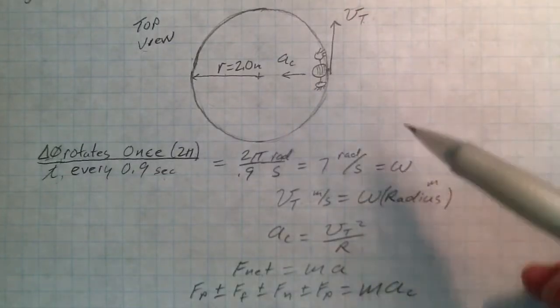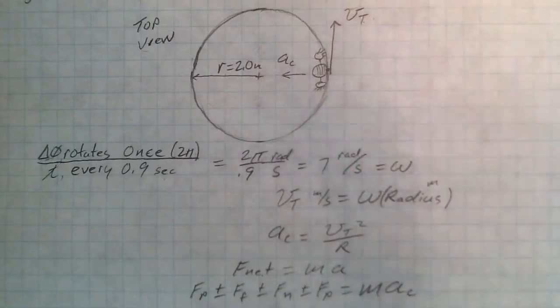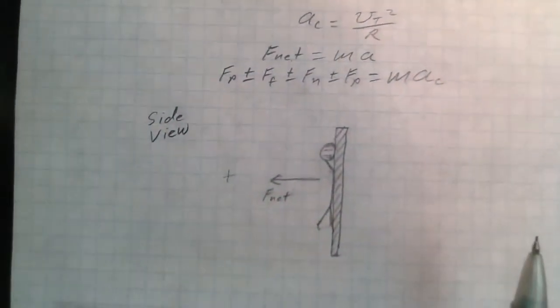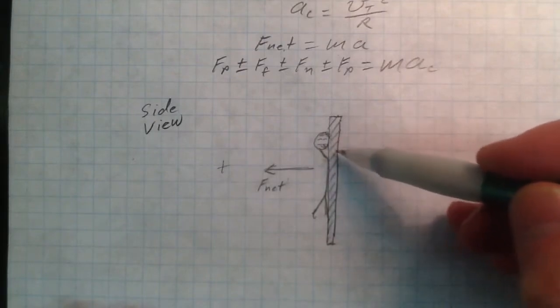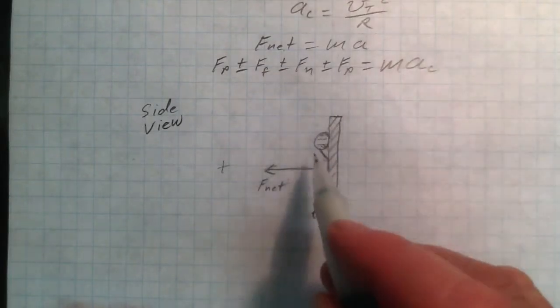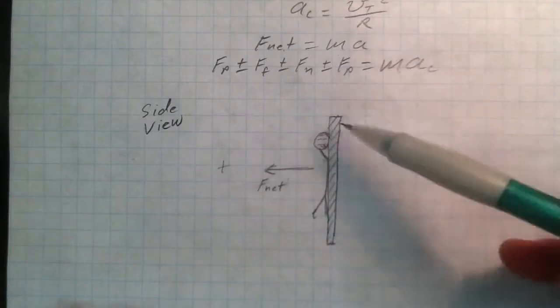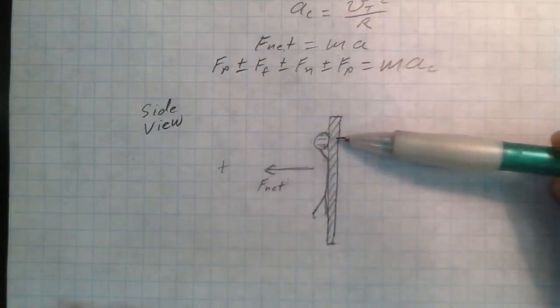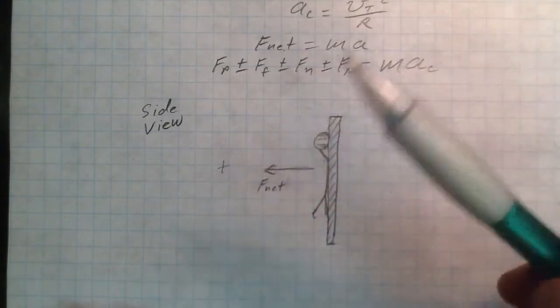Okay, now for clarity's sake, I'm going to go from a top view to a side view here. Here I am, being smushed up against the wall here, and I know it feels like you're being thrown this way, but that's not true. What has actually happened is this steel wall is pressing on you this way.